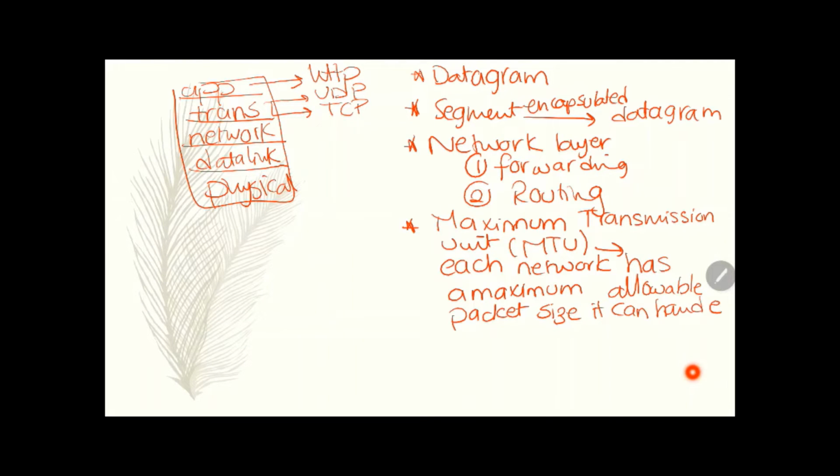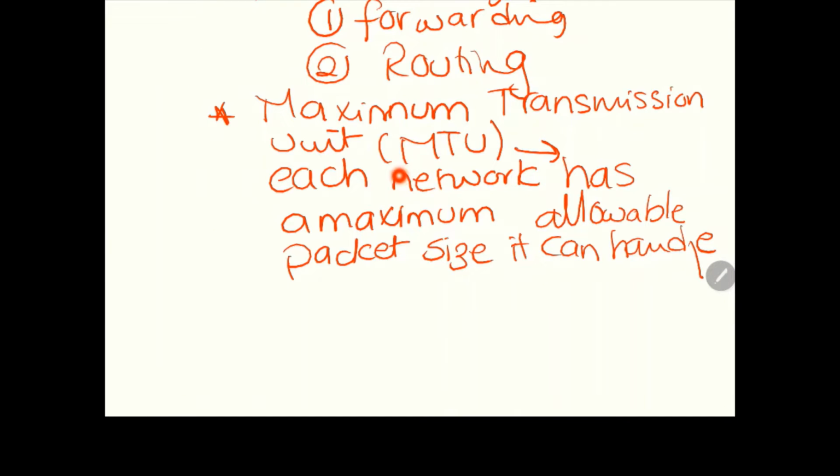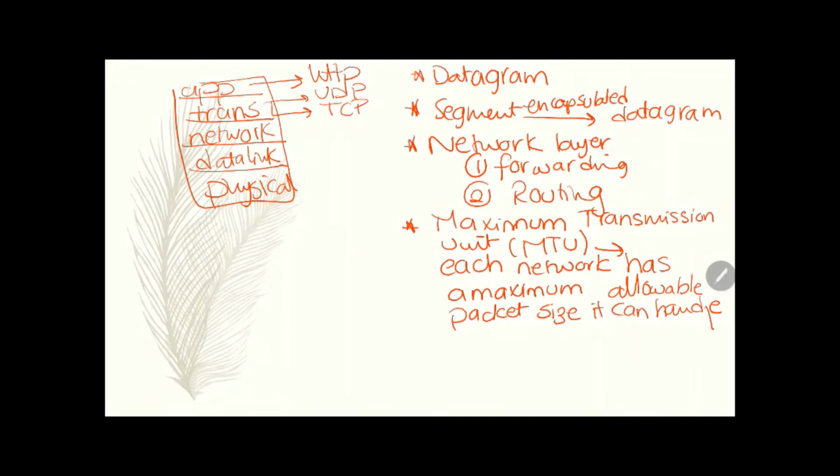So each network has its own maximum transmission unit, a capacity that sets the maximum size for the packet that could be sent on this network. So again, it's simply the maximum allowable packet size a network can handle. It can differ from one network to another. On a side note, the datagram is also the packet size.